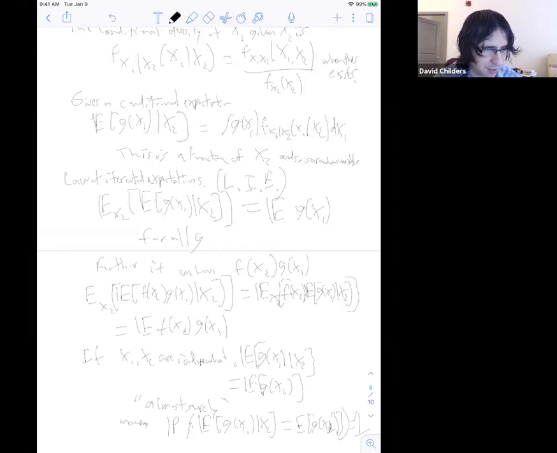And again, this can come from the factorization property of independence. So if x1 and x2 are independent, then f of x1, x2 is equal to the product of f of x1 times f of x2, and then dividing through, we get f of x1. And so that's the density of x1.